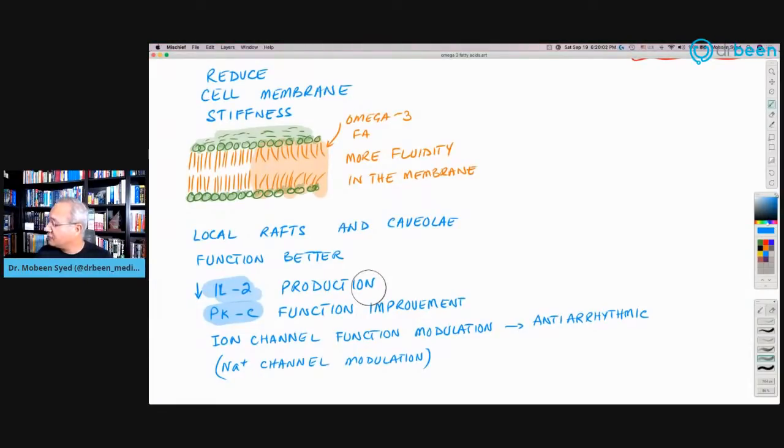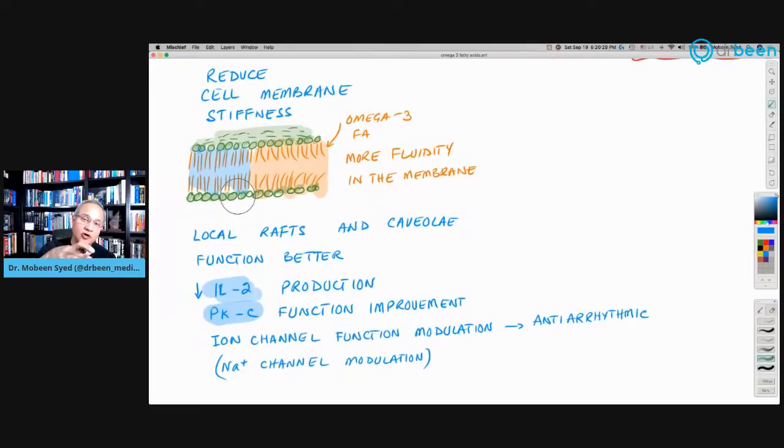So here, if you see, I've created this little raft in the cell membrane. This is omega-3s. So imagine this is the phospholipid. Remember, the cell membrane is made up of phospholipids. These green parts outside are phosphates, and inside are phosphates. Then between the phosphates are sandwiched the lipids. So imagine that we have a sandwich which has two slices.